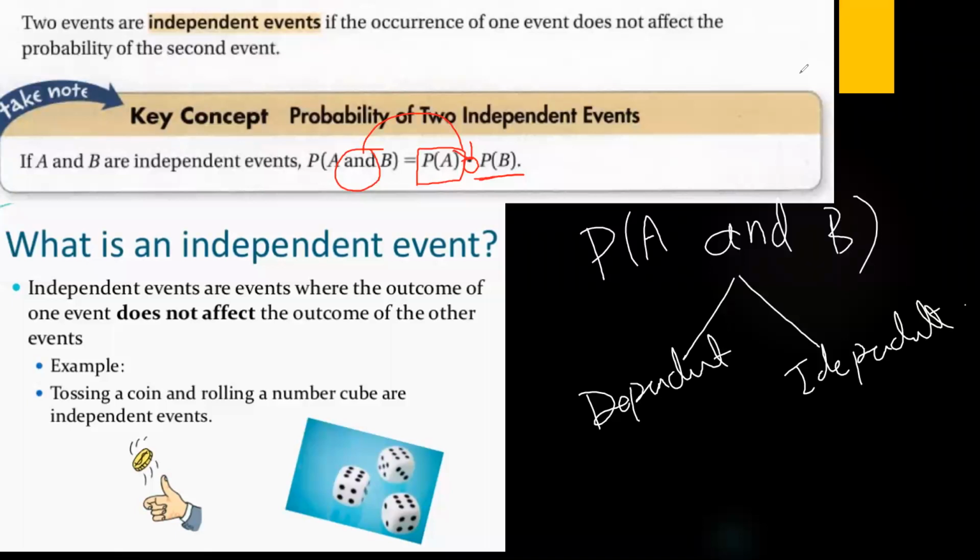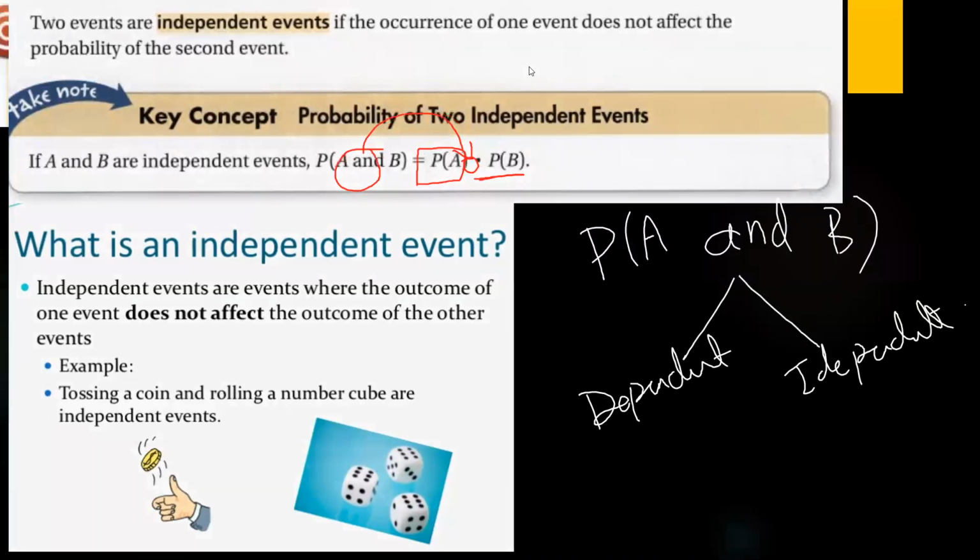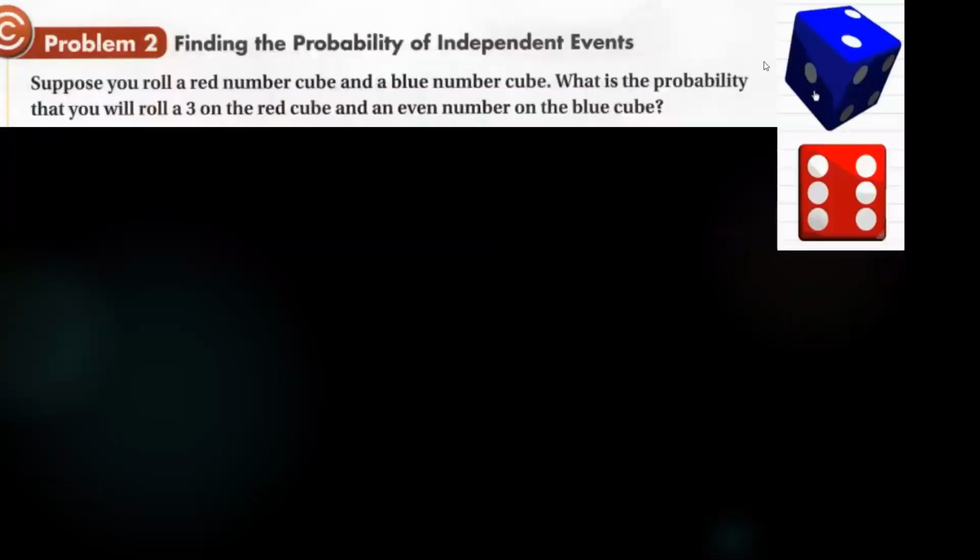Let's have now an example to understand. Here now, what do you see? You see two number cubes. One of them is blue and the other is red. I roll the two cubes at the same time. Now ask yourself, if I have number 2 on the blue number cube, does it affect that I must choose number 3 on the red number cube?